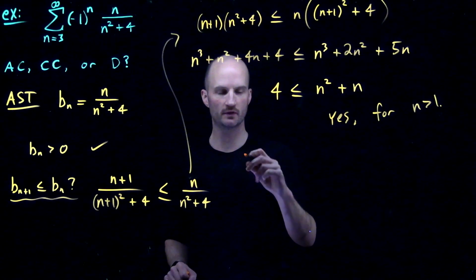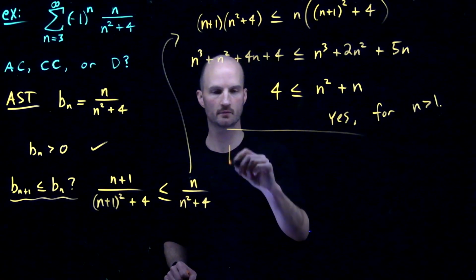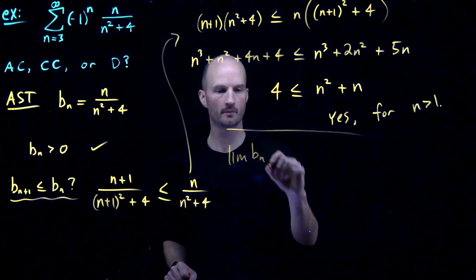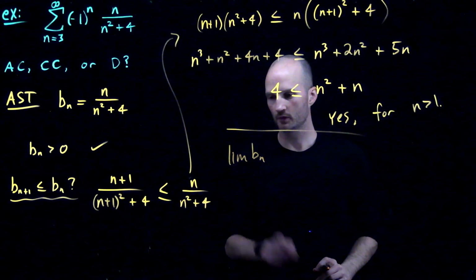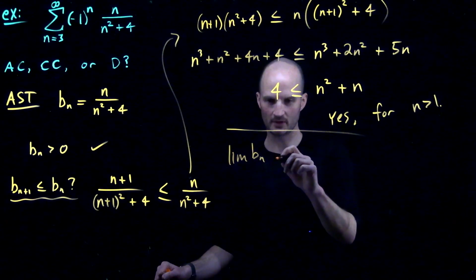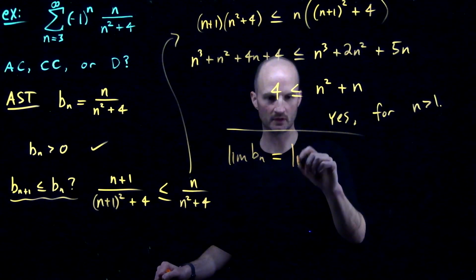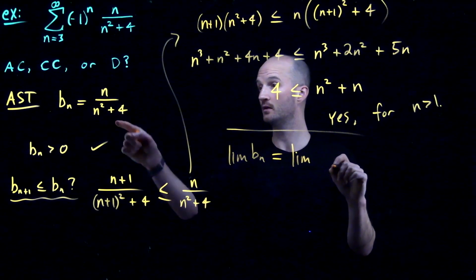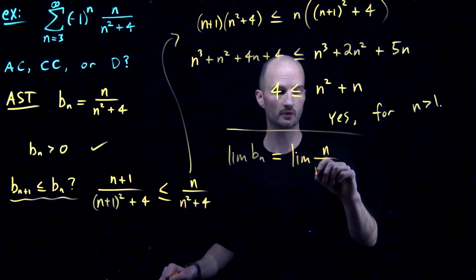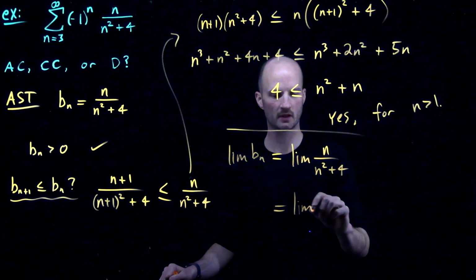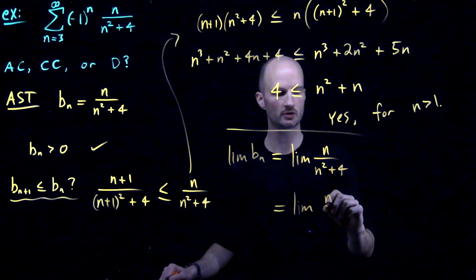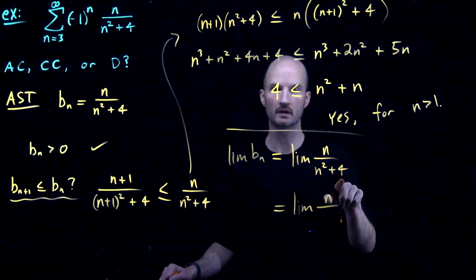Okay, the last thing I want to do is find the limit of Bn. So of course n is going to infinity, since this is the limit of a sequence. So I do the limit of Bn, n over n squared plus 4. Okay, in this very simple case, it's okay to just drop this 4 here.